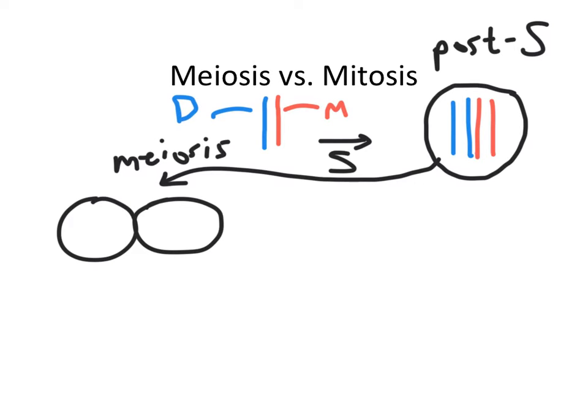What's the other possibility? You put 2 blue in one, you put 2 red in the other. Would you have to have like crossover? This is meiosis. It turns out that in meiosis, the 2 copies that came from the same parent segregate together. They go together after the first division.